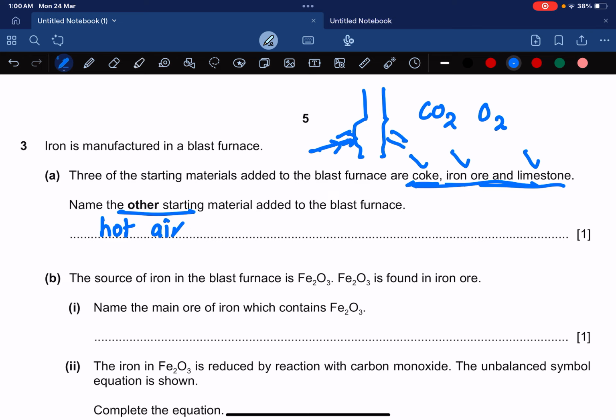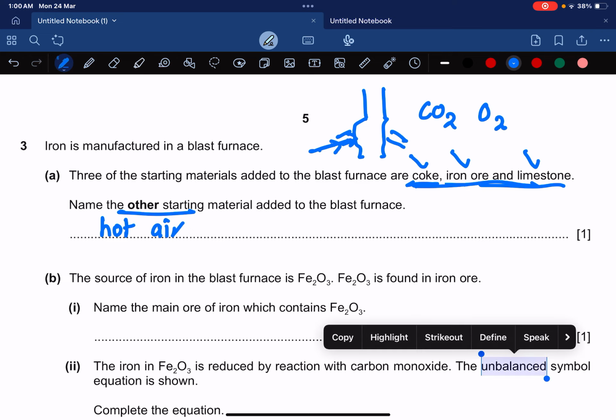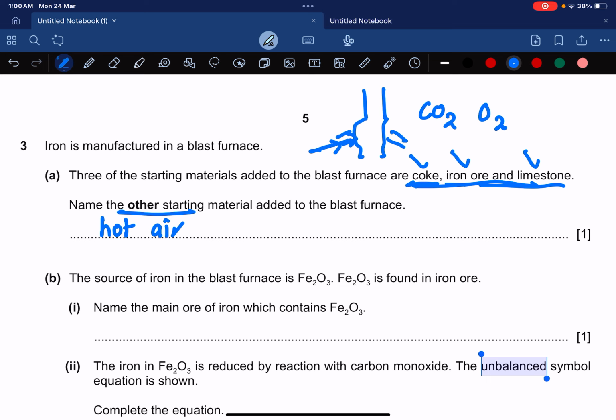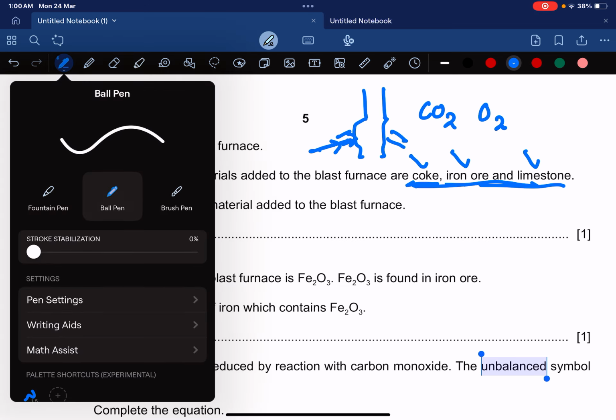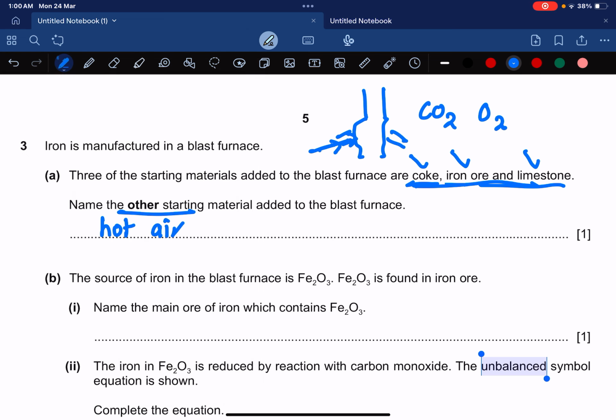In the blast furnace you got to maintain the temperature, and देखिए oxygen जो होती है वो भी react करती है ना, it has to react in the blast furnace.